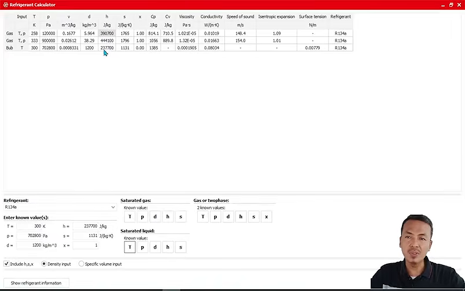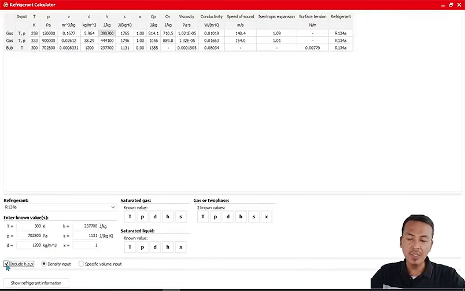So you have all the conditions here, H1, H2, H3, and H4. So the refrigerant calculator, I think, is very useful and also very complete, because you can also input all the other parameters that may be required for your design, including the enthalpy and vapor quality.